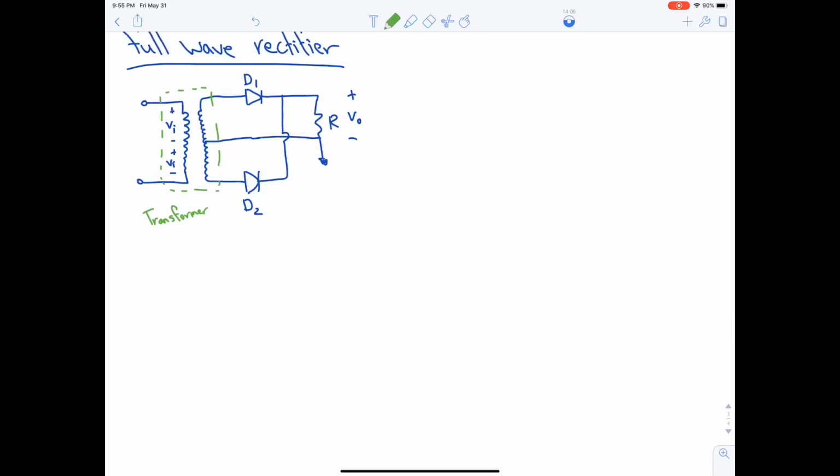In order to start, we need to draw the reference of the input. As we do not have numbers, we will assume that the peak value is VI and the negative peak value is minus VI.